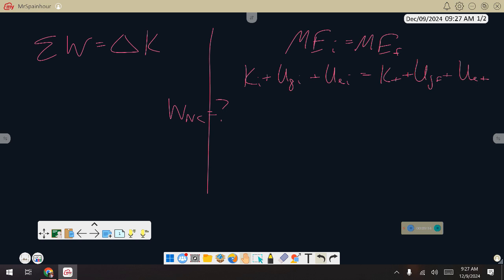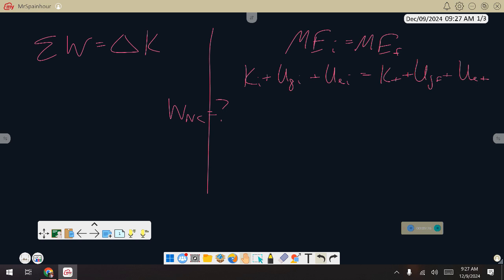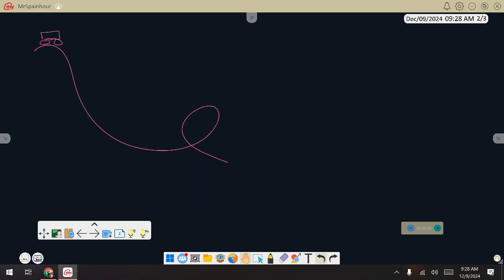I've done the roller coaster example twice. As a matter of fact, I tried to set up the picture the exact same way both times. In the first instance, I was using the one on the left, because we had friction in the problem.